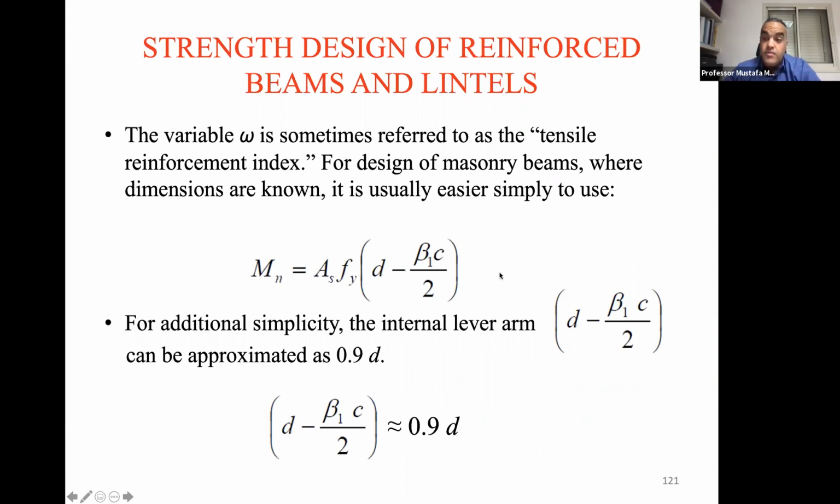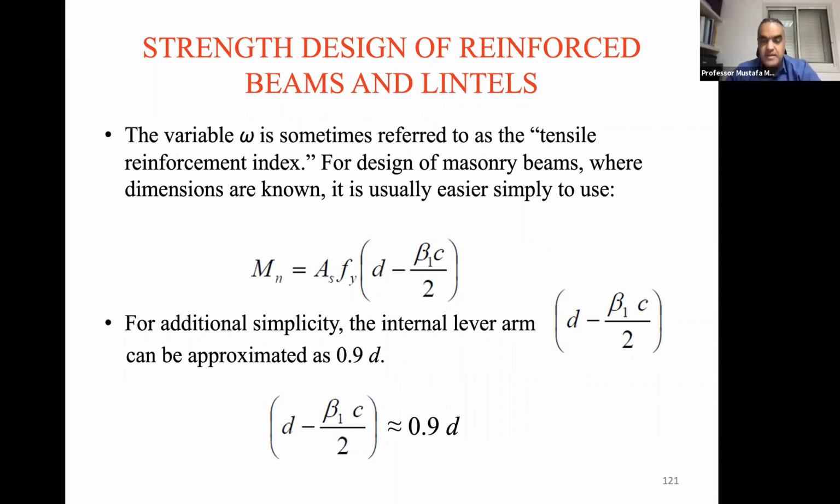Now, of course, to make things simpler, the lever arm between the tension and the compression can be assumed to be 0.9d. This is useful to estimate the depth of the member in case we don't know it, if we are designing.